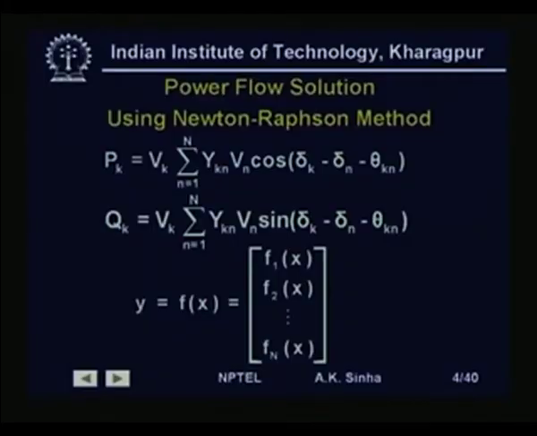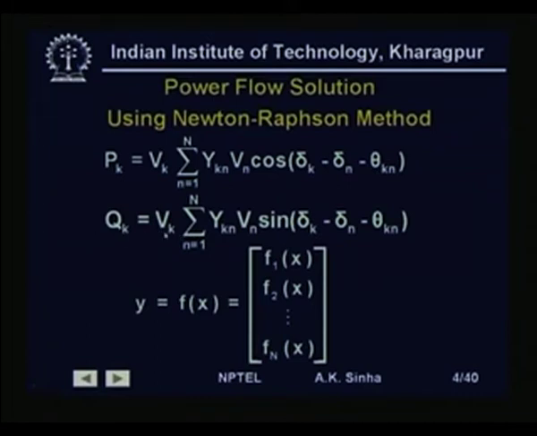As we had seen in the last lesson, the power flow equations in terms of real and reactive power injections at any bus K are given by these relationships, which are a function of the voltage magnitude and voltage angle at all the buses, as well as the admittance magnitude and angle for the transmission network.